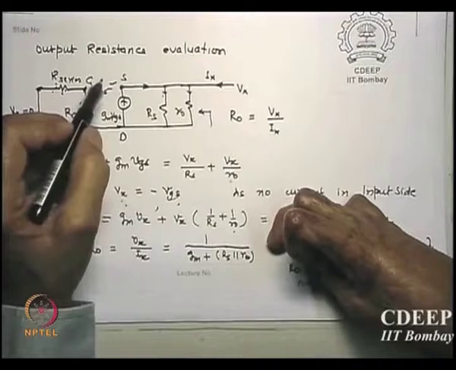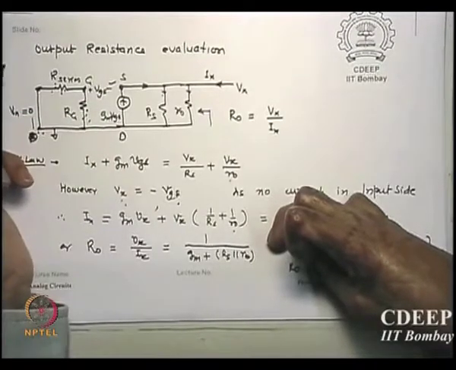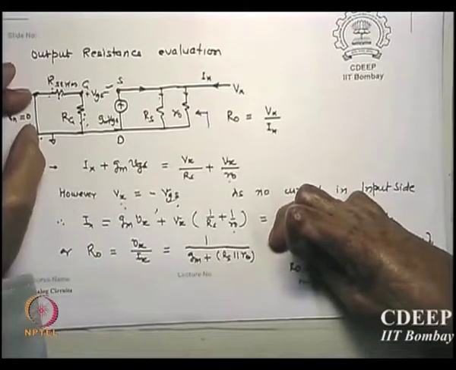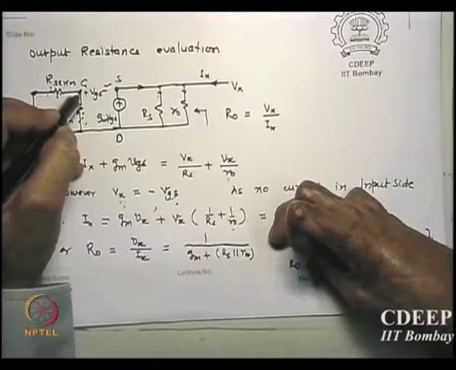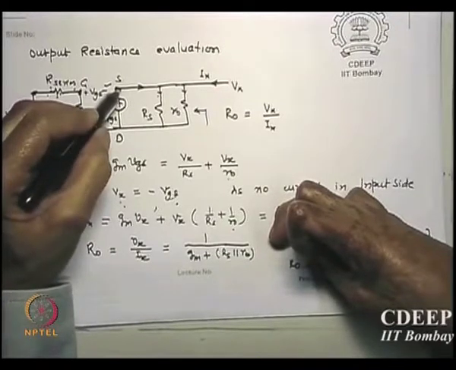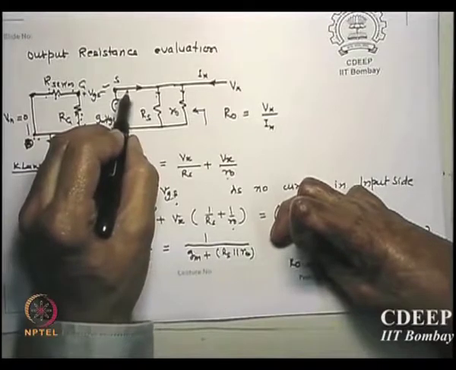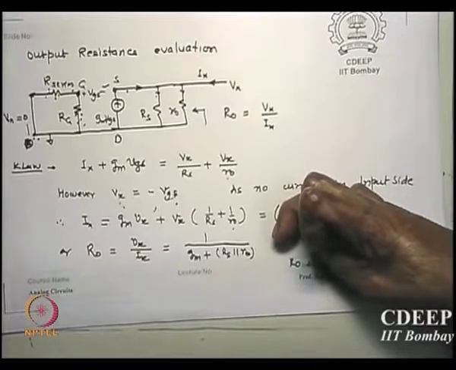So this potential is minus VGS. This is 0, input is 0, no current between resistances, this potential is therefore equivalent to a ground, this is 0 and this is Vx, but the definition is this is plus VGS. So Vx must be minus VGS. Is that okay? Circuit wise, is that okay?